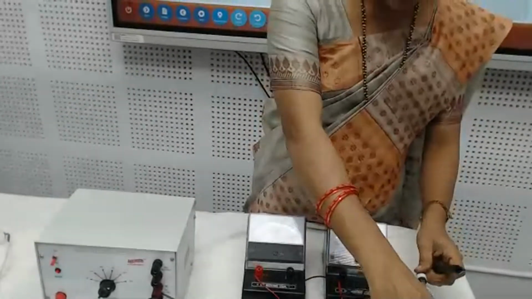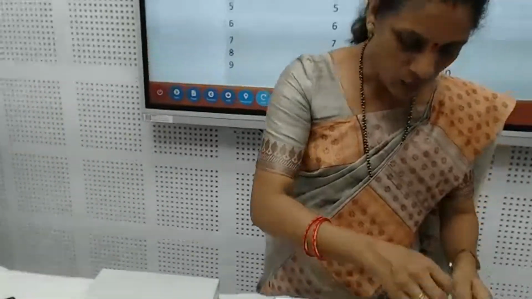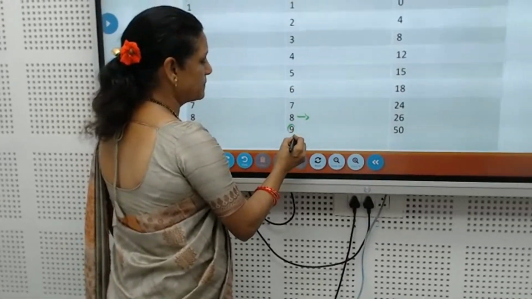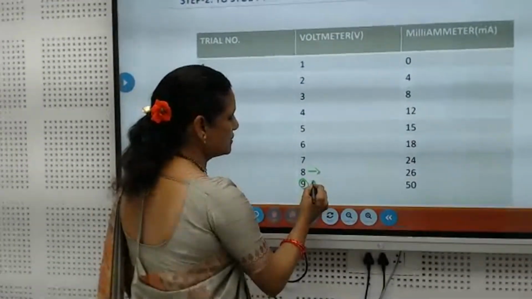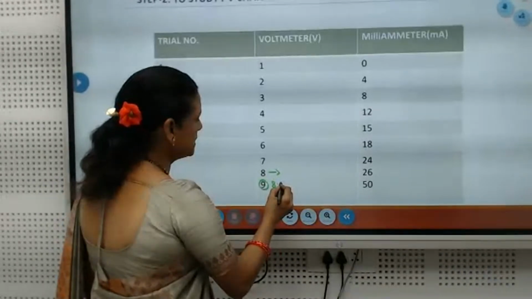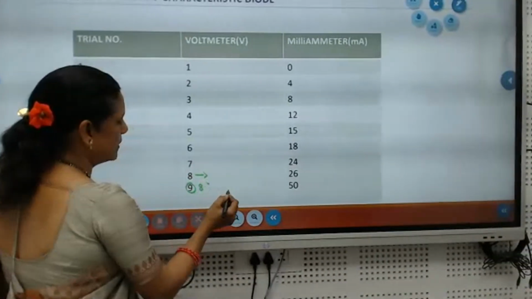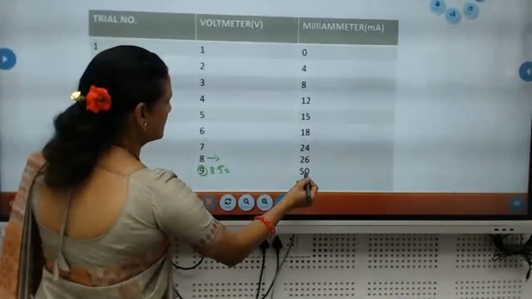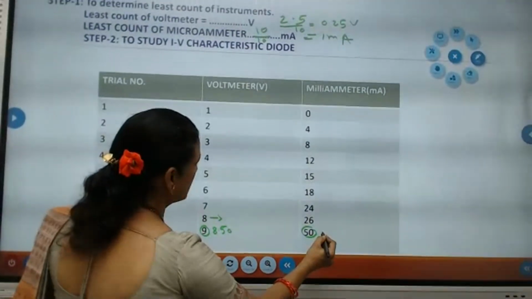Today I observe here that suddenly the voltage increases at 8.50. Suddenly my current increases up to 39.